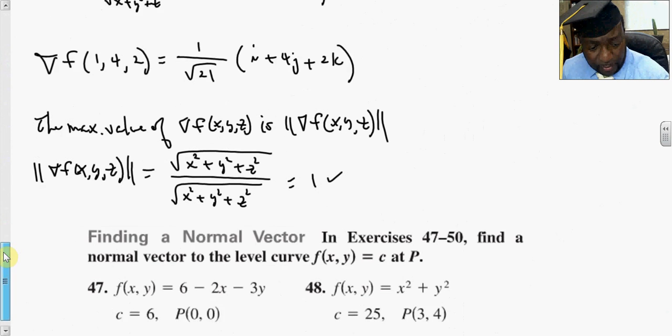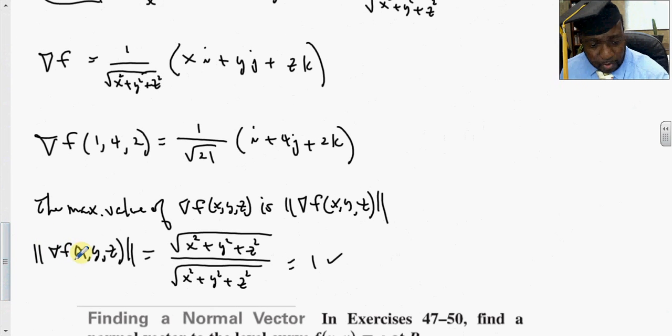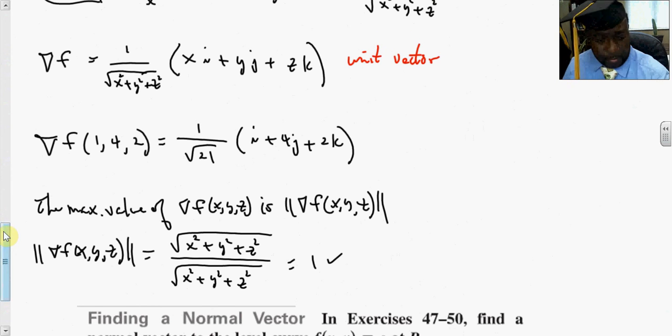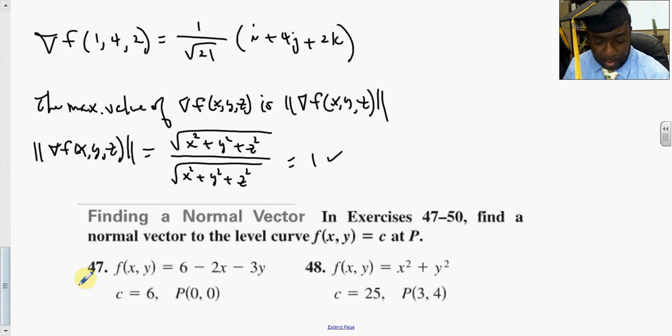Now it doesn't happen for all of the norms of the gradient, just for this one because the gradient came out to be a unit vector, just based on how it's defined.